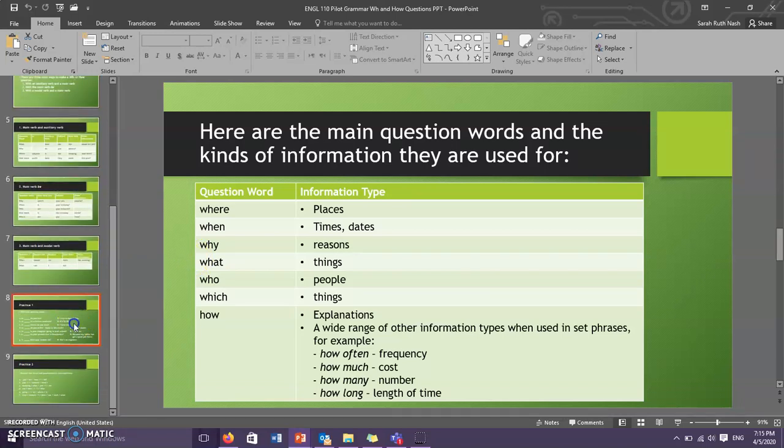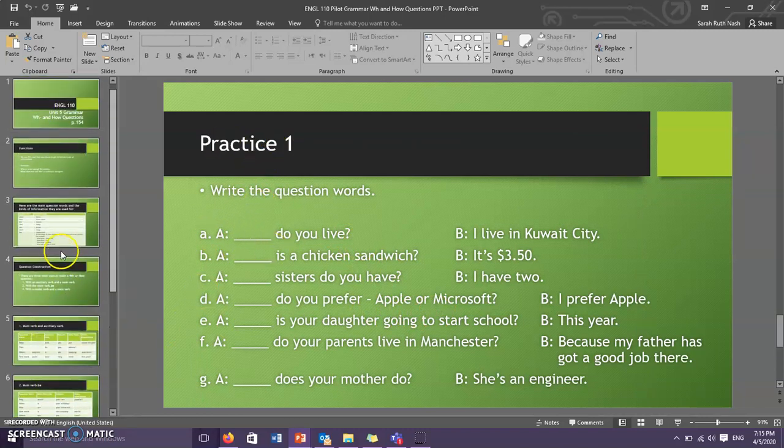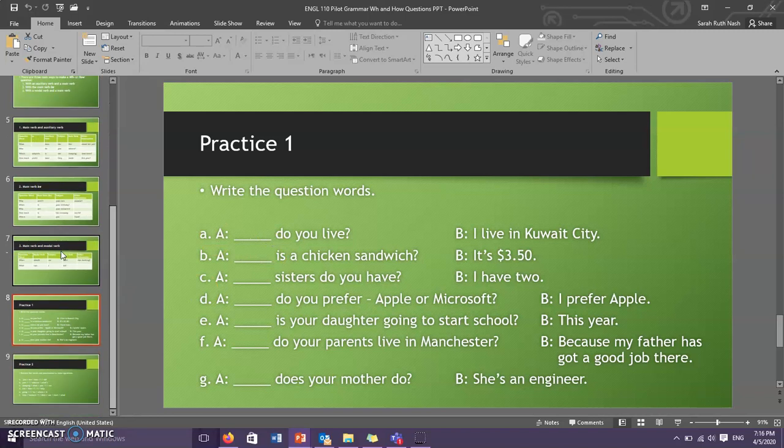So then look down here. That's what you're doing. You're writing in. This is practice 1 on page 154. I think it's page 154. And you're writing in the question word, the WH or how word. Okay?